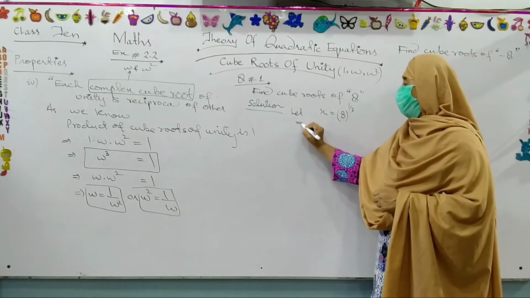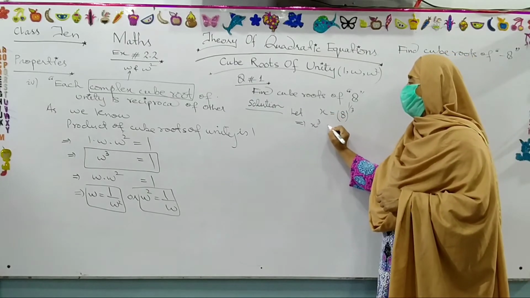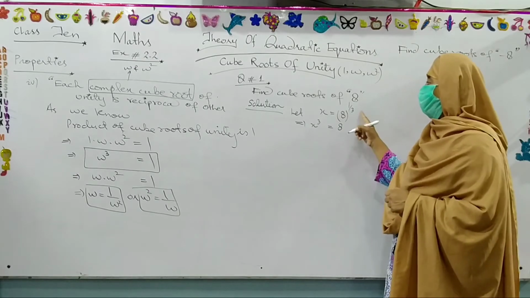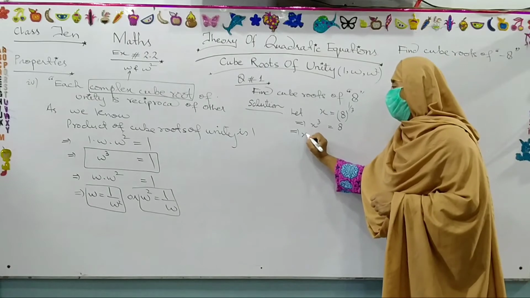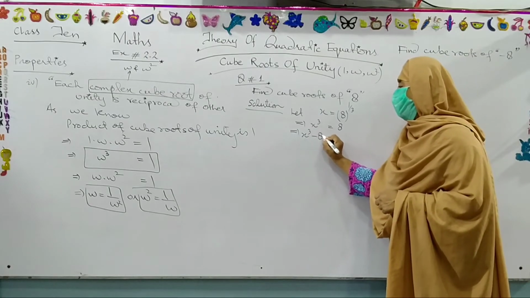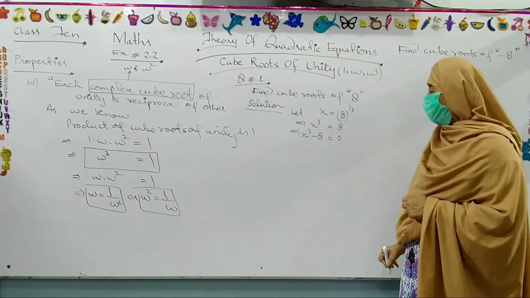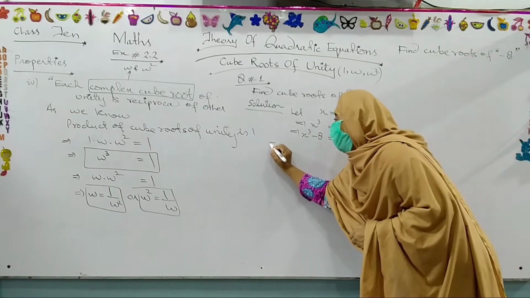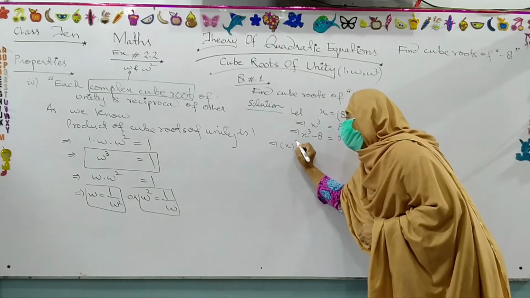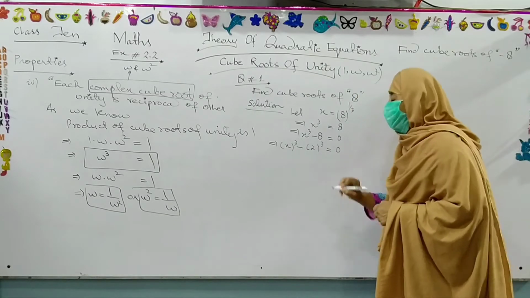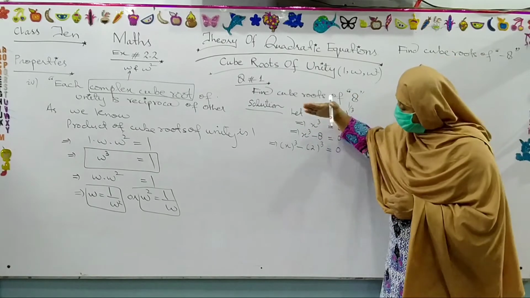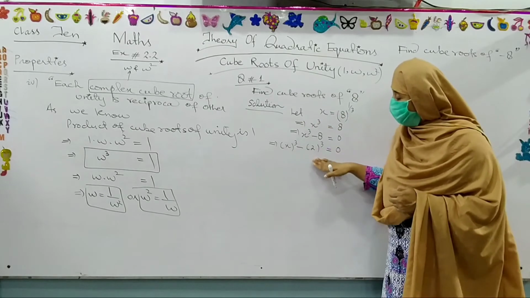Taking cube on both sides, it will become x cube is equal to 8. Cube is cancelled by cube root, which implies I can take this 8 here. x cube minus 8 is equal to 0. Can we write it as x cube minus 2 cube is equal to 0? You know, students, here I will use the formula a cube minus b cube.